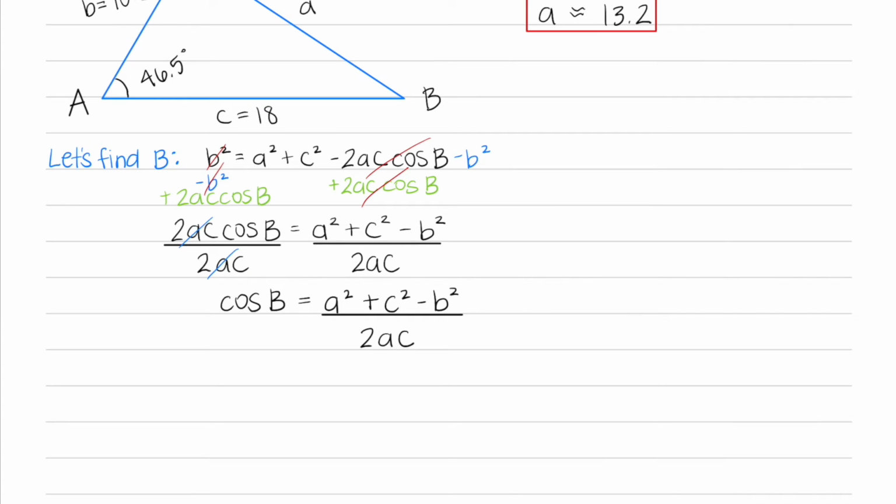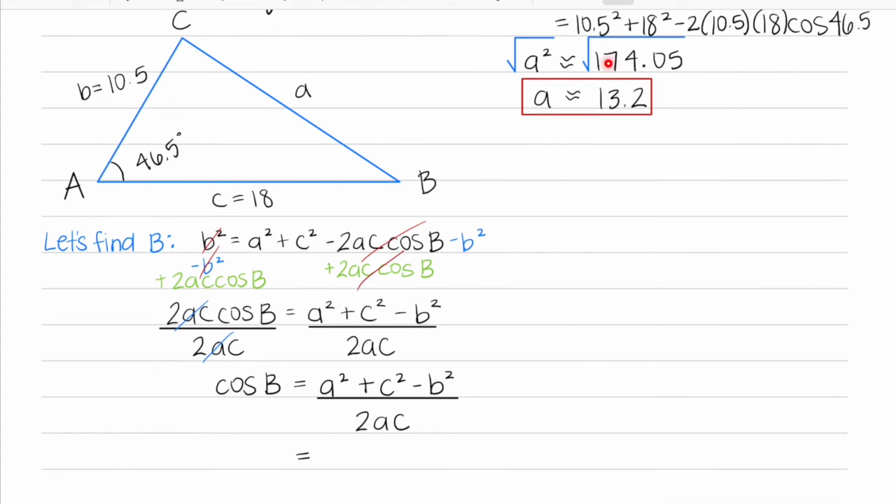And now we can plug in everything. So we have cosine B equals a, which we found is 13.2 squared, plus our given c, 18, squared, minus our given b, 10.5 squared, over 2 times a, 13.2, times c, 18.